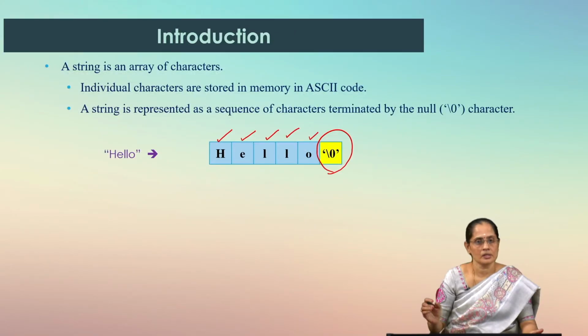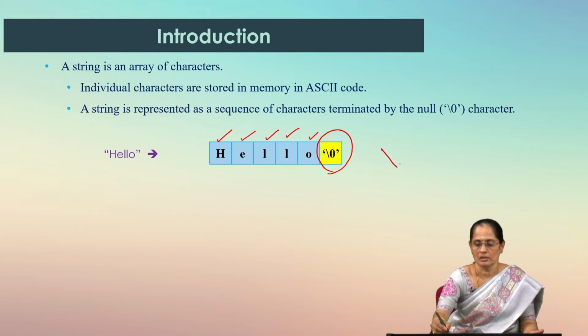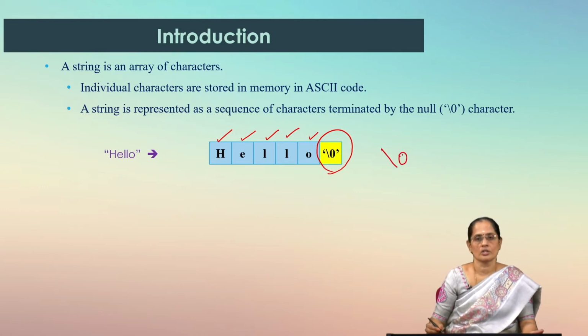Since strings are handled as arrays of characters, we would not be able to identify at what particular point the string is completed. So, in order to declare that the string is terminated, C uses a special character called the null character, and the notation followed is \0.